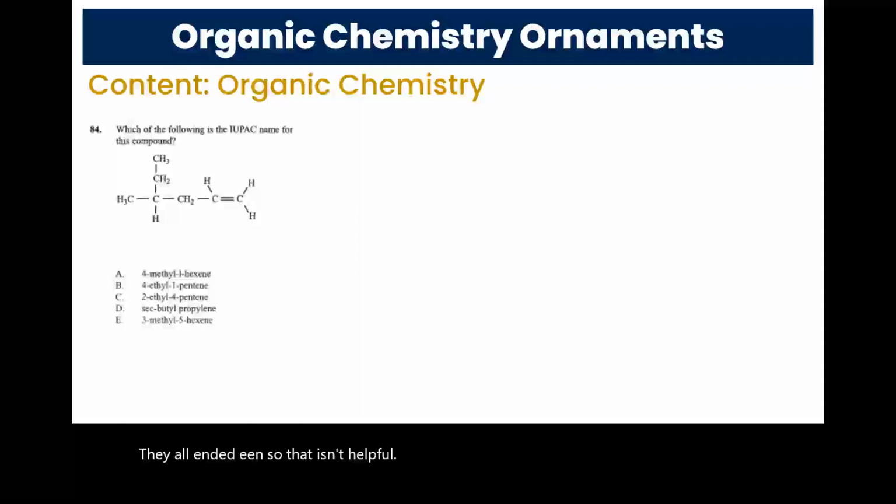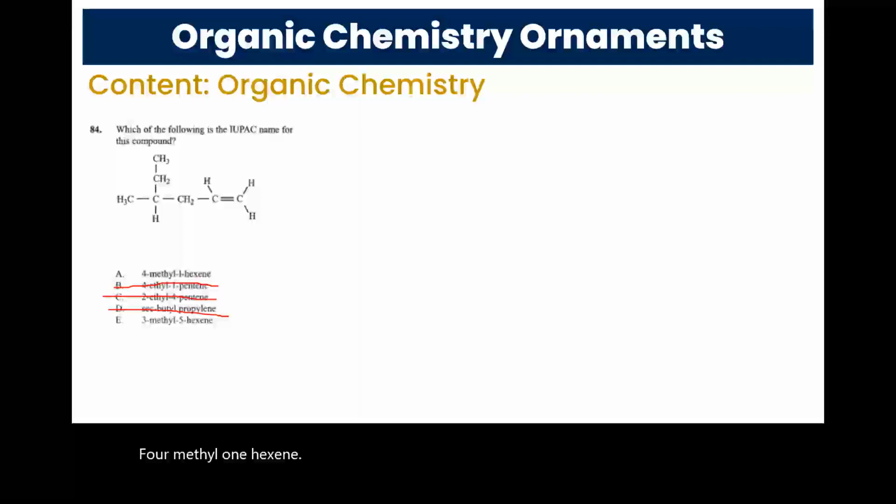What's my longest carbon chain? Looks like hex, I would agree. So let's get rid of our pent, and our propylene. And then it's either 3-methyl-5-hexene or 4-methyl-1-hexene. I think it's 3-methyl-5-hexene.